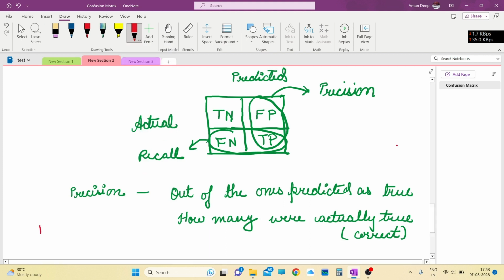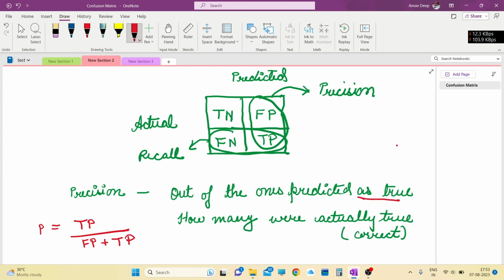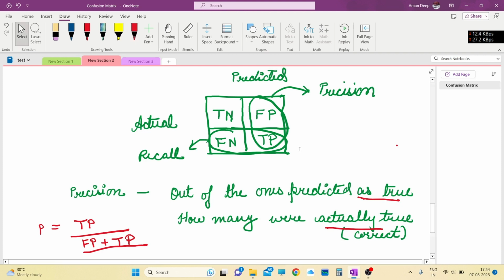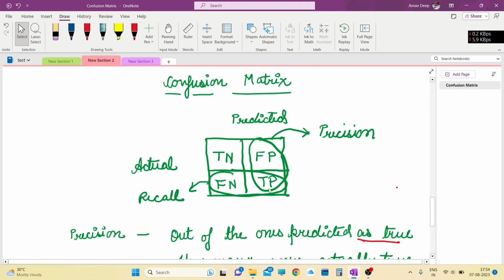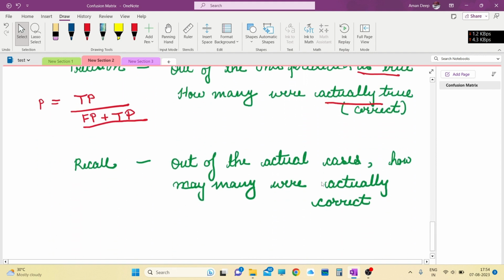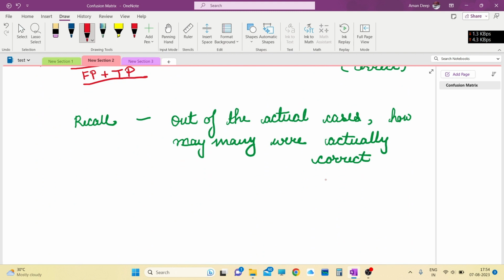So precision will be true positive upon false positive plus true positive, which means out of the ones predicted as true, which is predicted as positive, how many were actually true. And for recall we have the formula true positive upon true positive plus false negative.